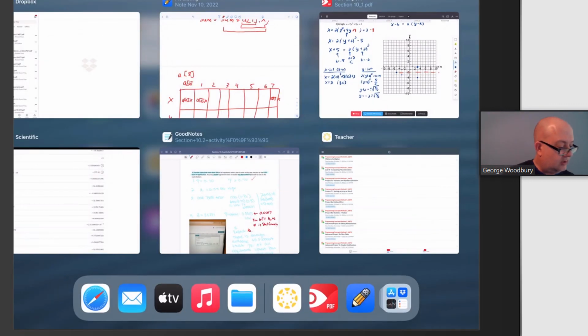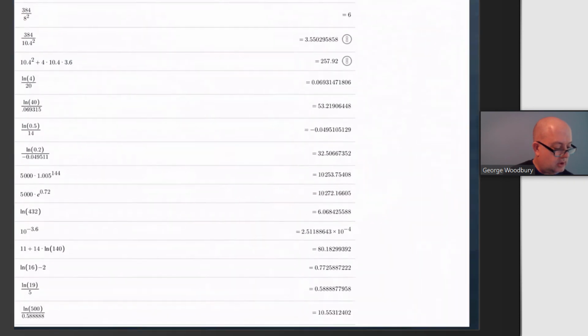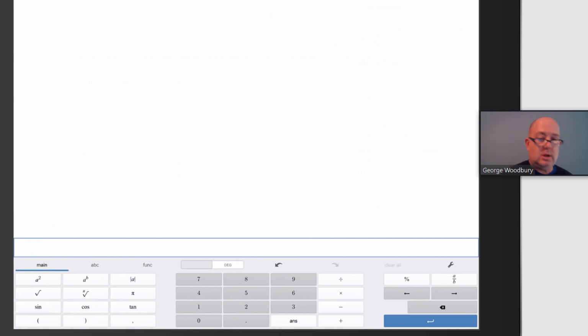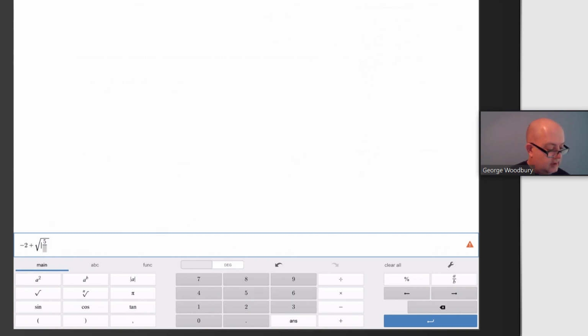Let's go to the Desmos calculator. Here we go. So it was -2 plus square root fraction 5/2. And I can see that's about -0.4.